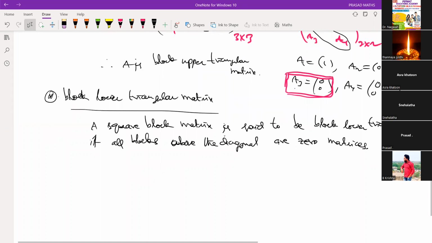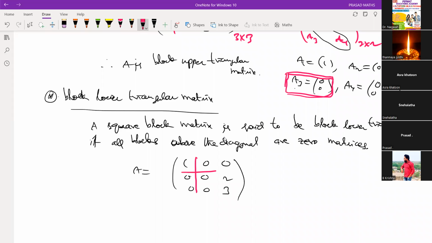Suppose you take the same example, 1, 0, 0, 0, 0, 2, 0, 0, 3. What are my partitions? These are my partitions. Clearly it is a square block matrix. We have A1, A2, A3, A4.